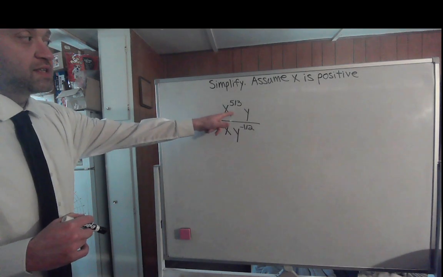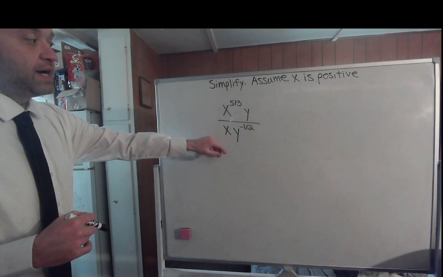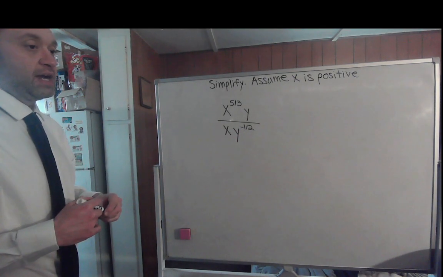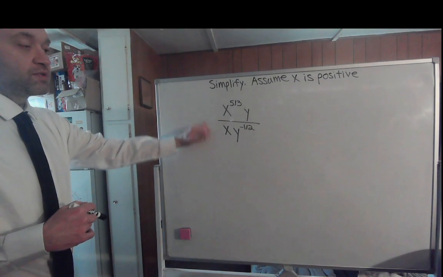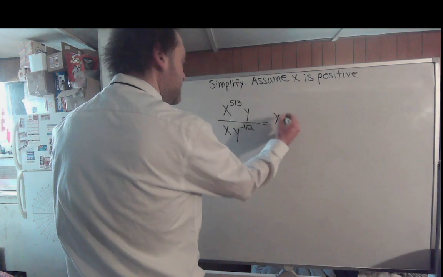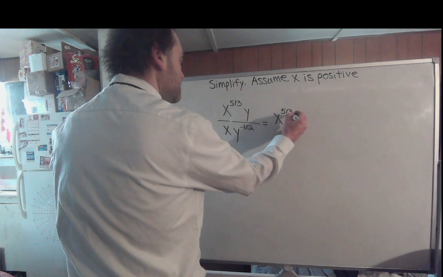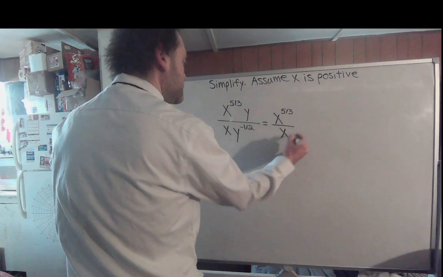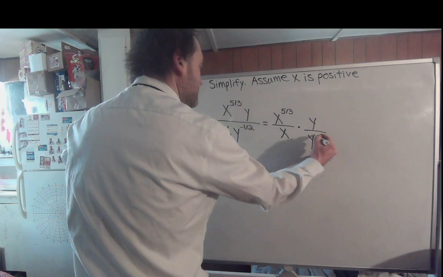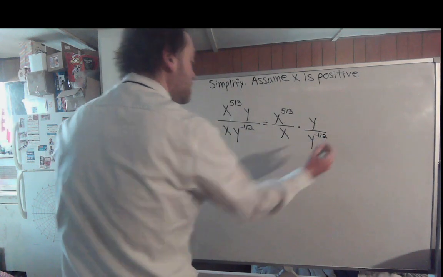Because this is x to the 5/3 times y over x times y to the -1/2. So we could split all the factors, we could split all the x into their own, like this: x to the 5/3 over x times y over y to the -1/2.